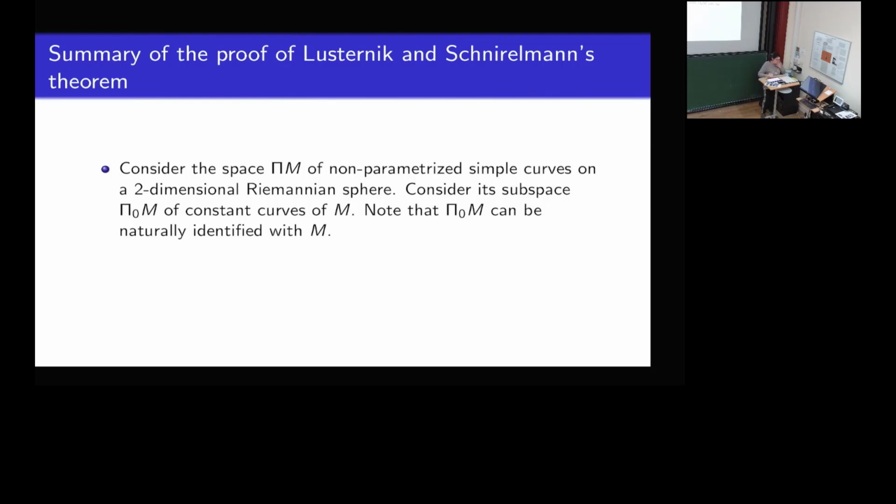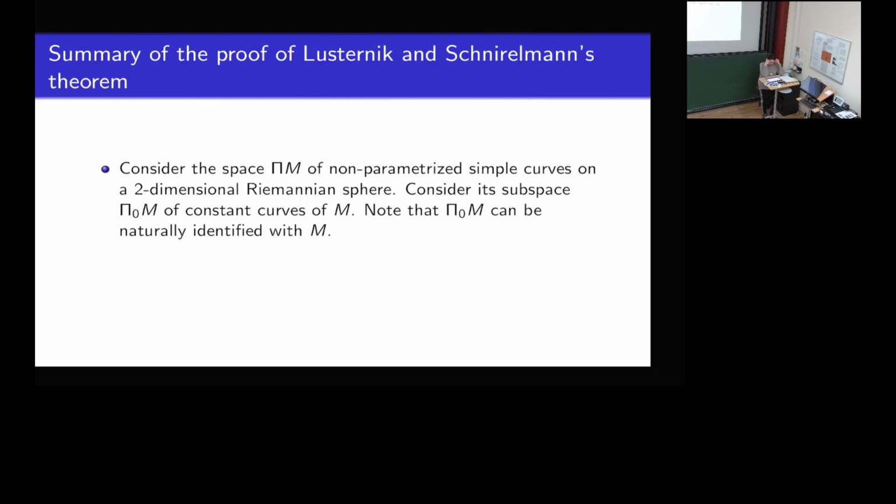So let's talk about the summary of the proof. In order to prove this, we have to come up with, again, an appropriate space. The appropriate space here is going to be the space of non-parameterized simple curves on the two-dimensional sphere.